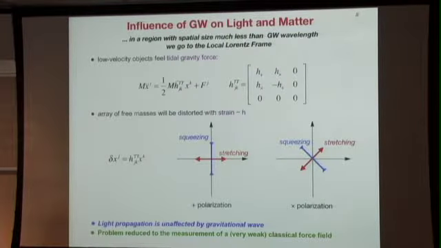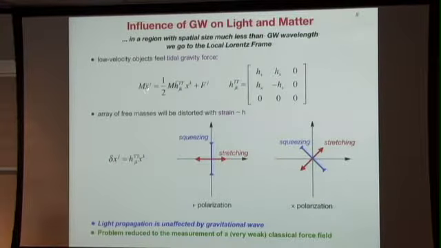But we're not going to use that previous coordinate system. We're going to go to the so-called local Lorentz frame around some kind of central object that I'm considering in the spatial region. As it turns out, if I go to the local Lorentz frame, I can describe the motion of matter as they're all feeling a tidal gravity field.